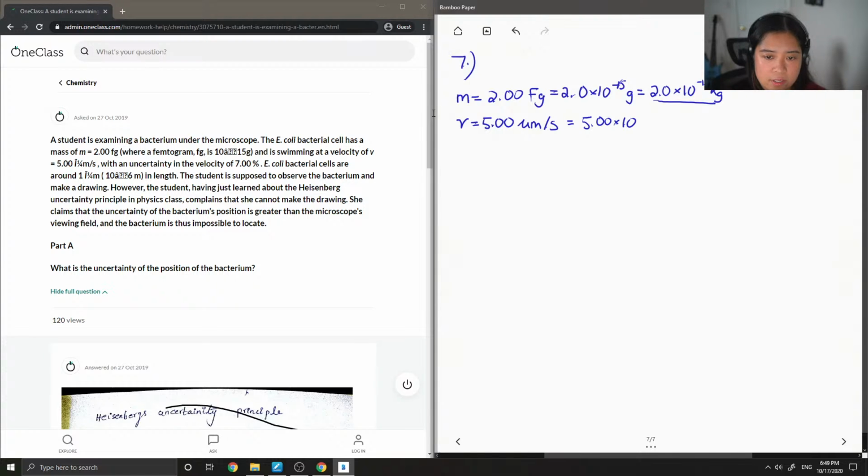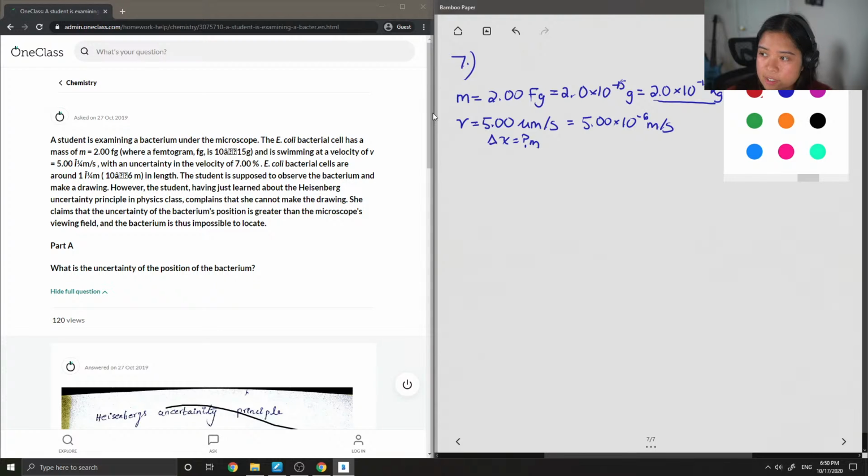Every time there's a weird symbol there, I assume it's micro. And then we're looking for delta x in meters.